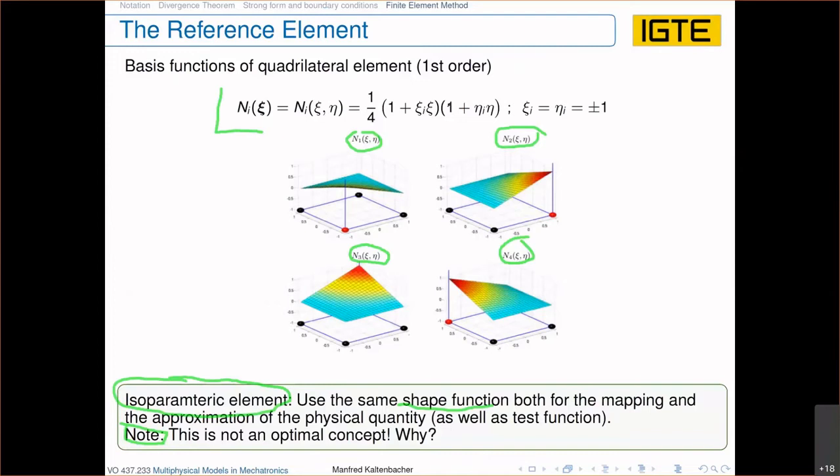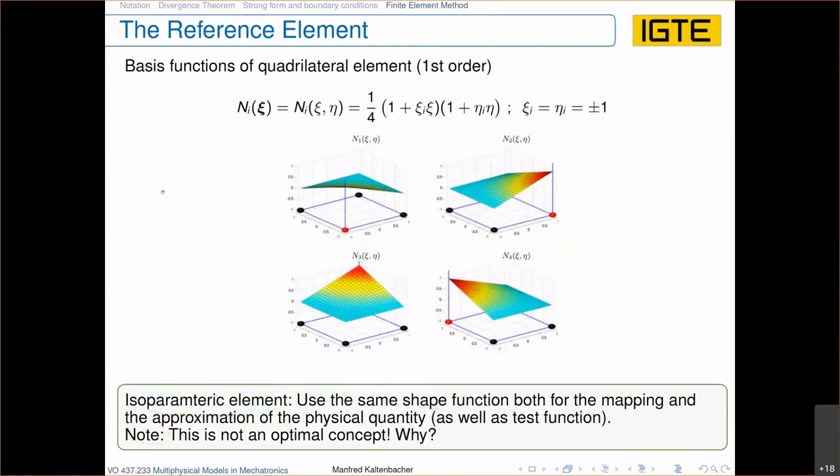You use very simple basis functions for the mapping, but you use higher order, cubic order, for example, for approximating the unknown quantity. So in this sense, it is a choice, of course, but not the optimal choice, because we lose a freedom in how we do the mapping and how we approximate our physical quantity.